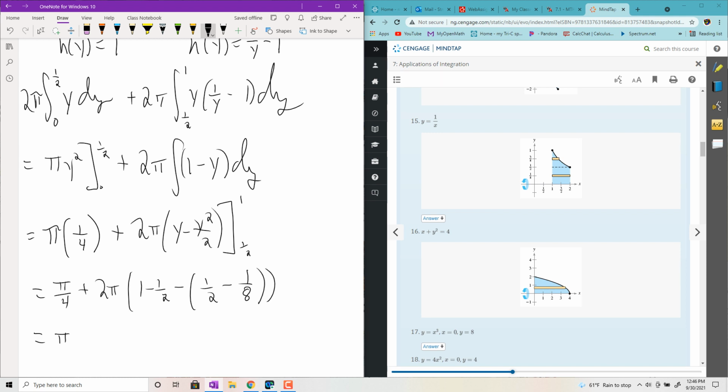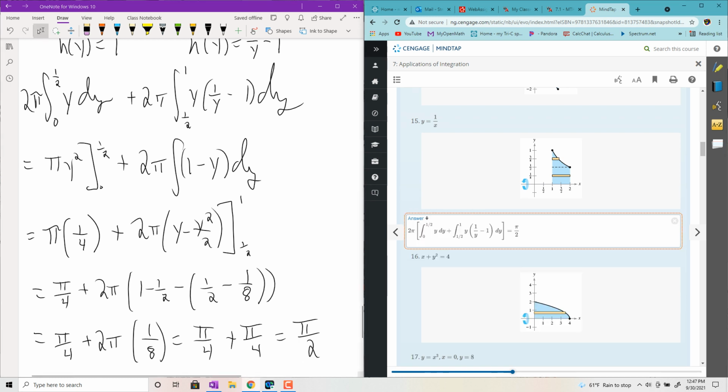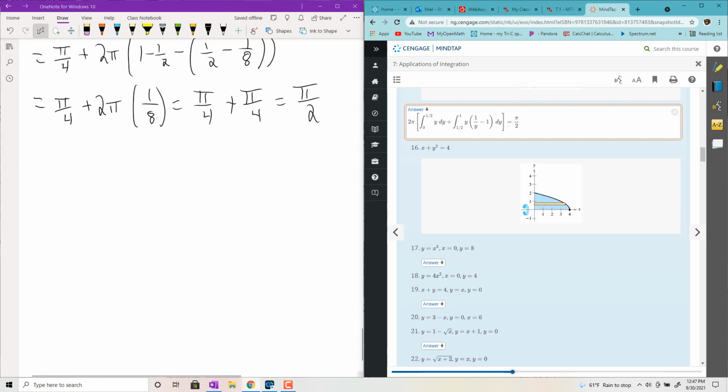So that's going to be pi over 4 plus 2 pi times 1 minus 1/2 minus 1/2. That's 1 minus 1, which is 0. And then you'll just get 1/8 out of that. So that will be pi over 4 plus pi over 4, which is apparently pi over 2. And then you hope that's the correct answer, and you move on with life.